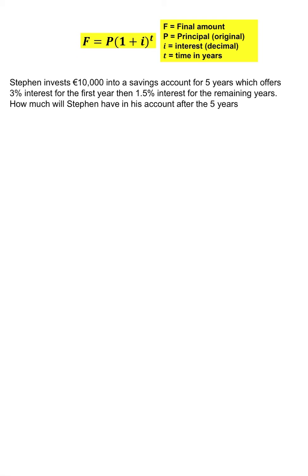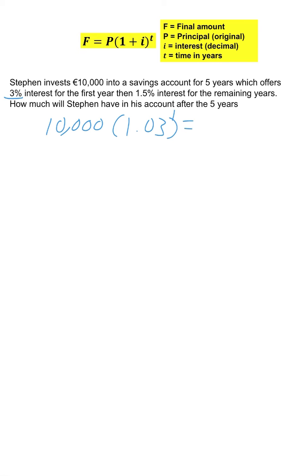In this question, Stephen invests €10,000 into a savings account for 5 years, which offers 3% interest for the first year, then 1.5% interest for the remaining years. How much will Stephen have in his account after the 5 years? So for the first one, we're going to have €10,000 times then it's the 3%, so that would be 1.03, and then to the power of 1.